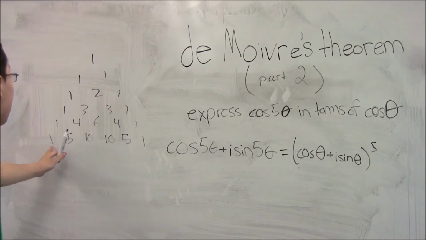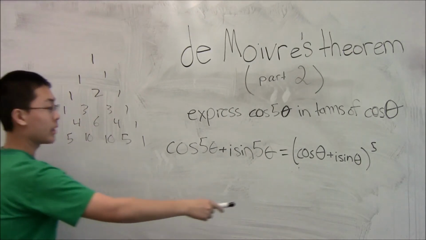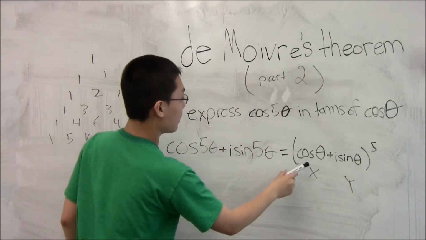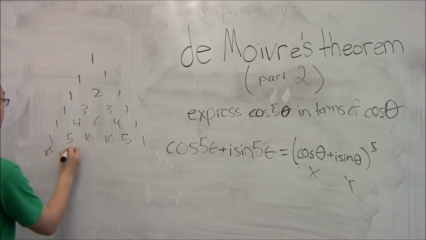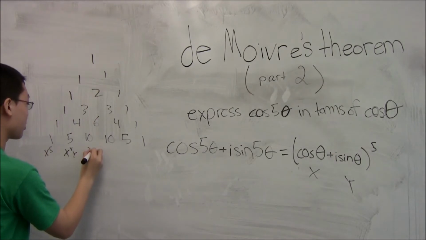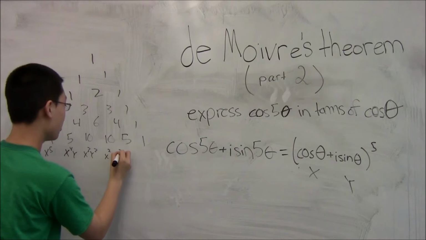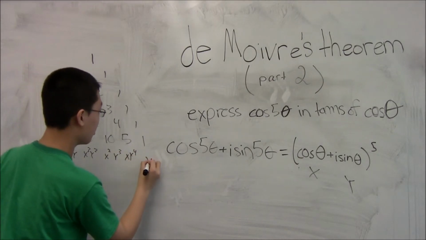If this is x and this is y, it's going to start out with x to the 5th, x to the 4th y, x to the 3rd y squared, x squared y cubed, x y to the 4th, and finally y to the 5th.